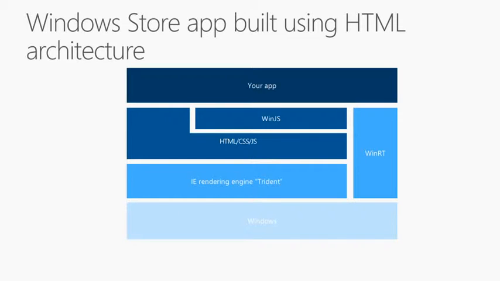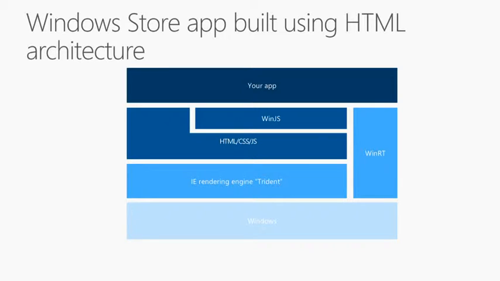So everything which is available to WinRT for C# is available for WinRT in JavaScript. We use language projection to be able to use all of those APIs. So you can use any Windows API. The HTML and CSS sits on top of the IE rendering engine, the Trident engine. And then that, along with WinRT, sits on top of Windows. And so your application has these layers in between Windows.